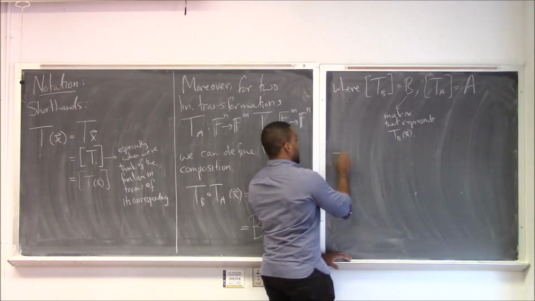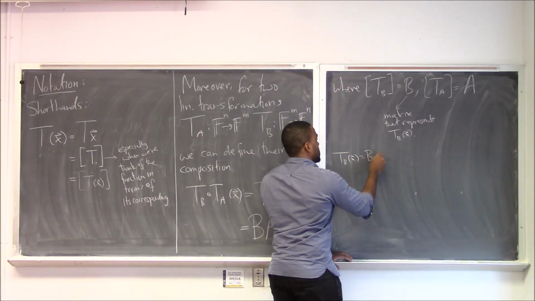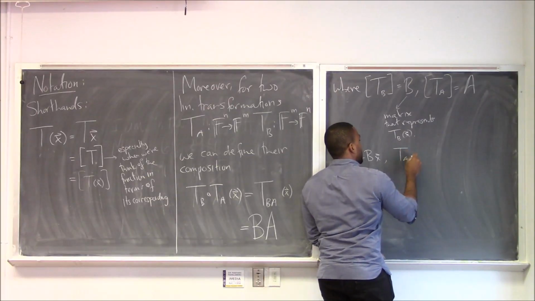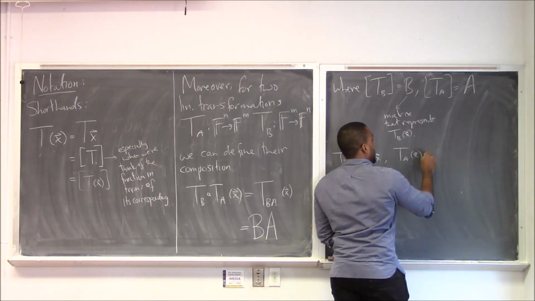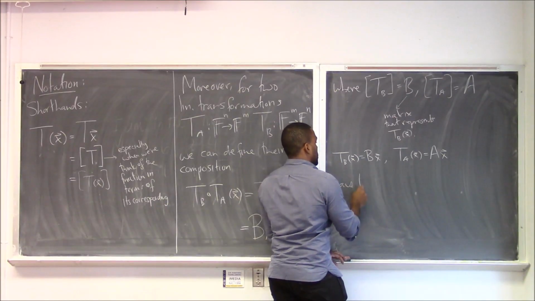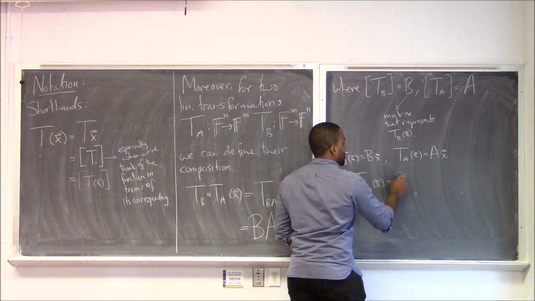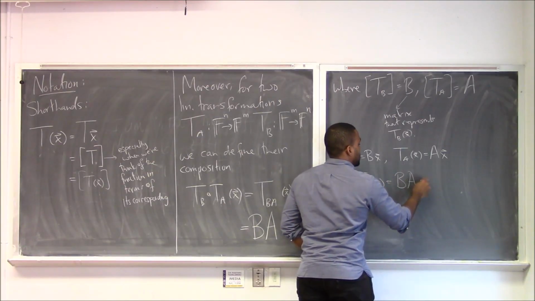So this means I can write TB of x as B times x, and I can write TA of x as A times x, and TBA of x is just going to be the matrix B times A times x.